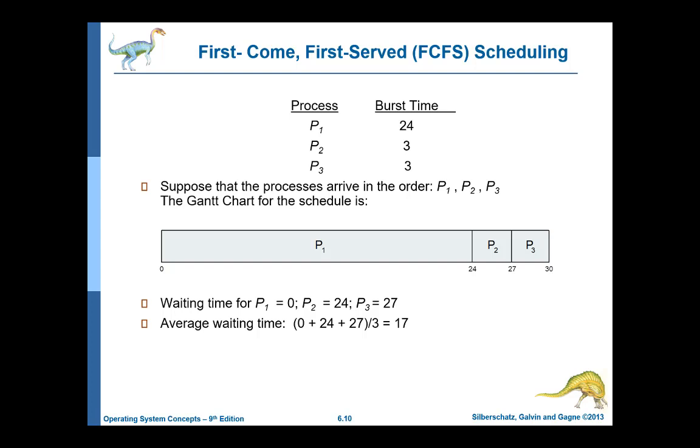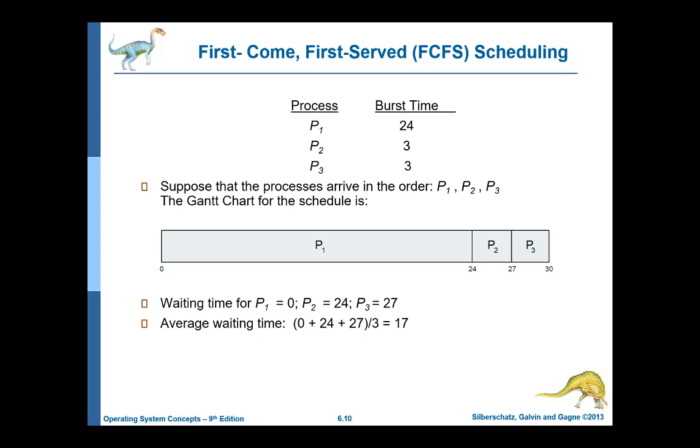So maybe burst time 24 for the first process, it can be millisecond or nanosecond, microsecond, but it is any time unit. So this 24 will be needed by the process in one go to complete its burst time.